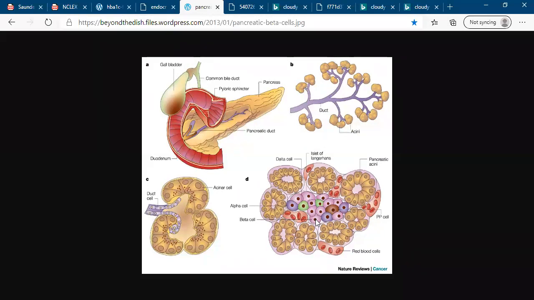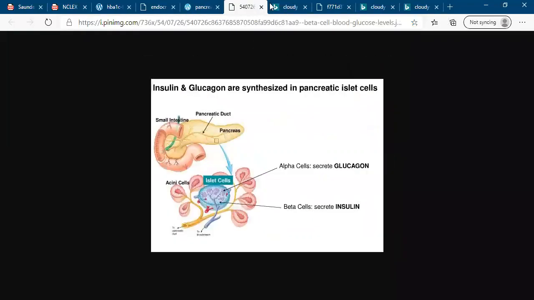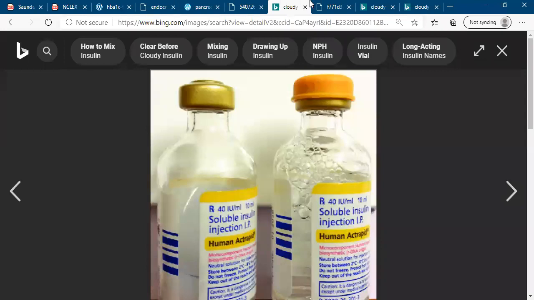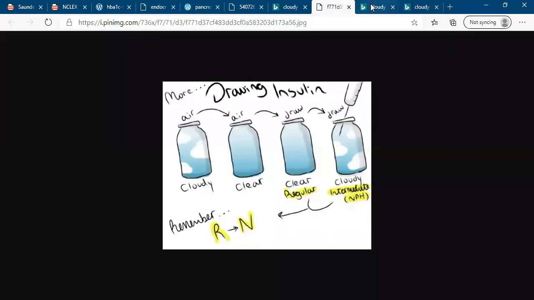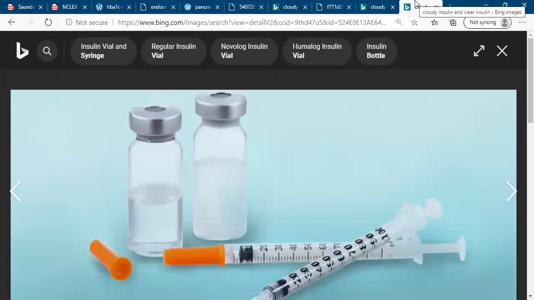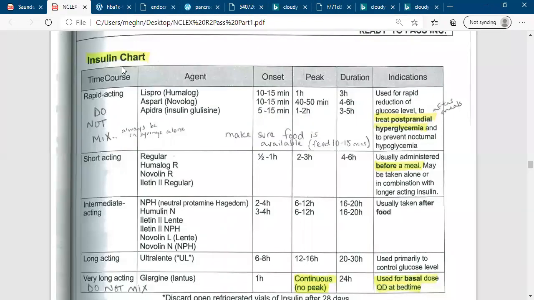Or if the tissue is insulin resistant, that can also produce diabetes, right? So basically, when a patient needs insulin, we should use different types of insulin.